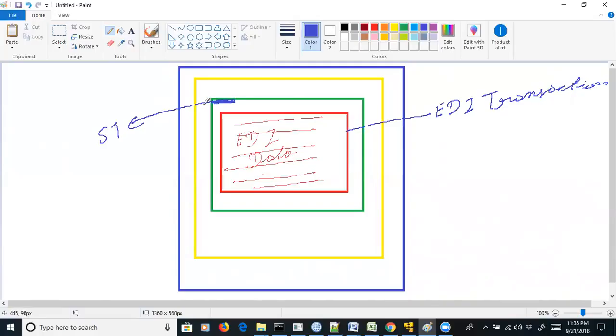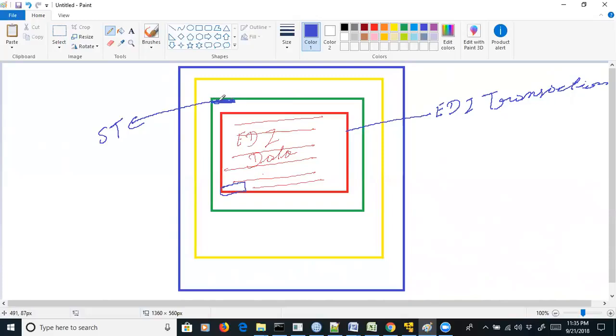Each envelope has two parts. One is called the header, which is at the top, and then you will have something called the trailer.